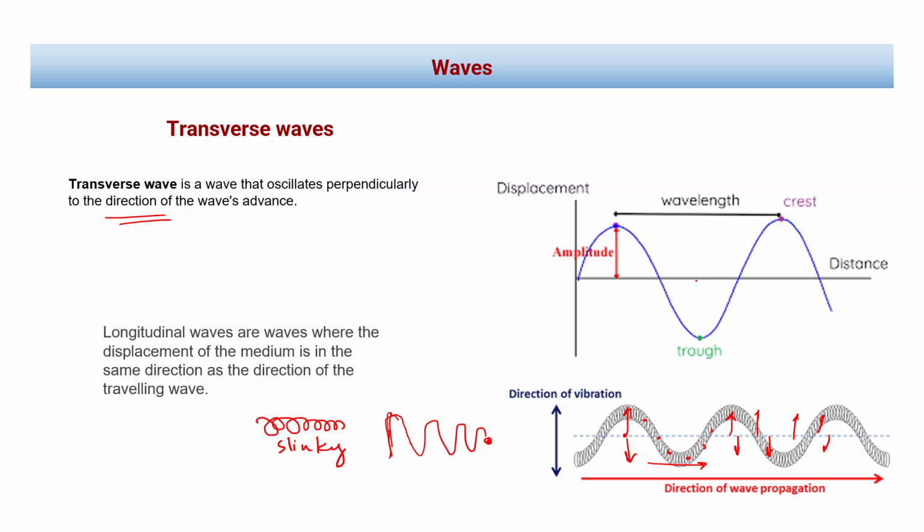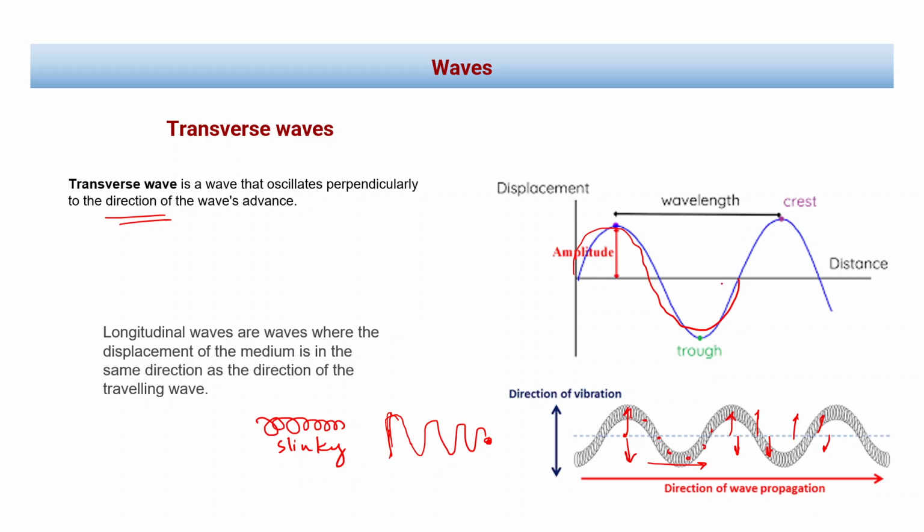This is called the crest, this is called the trough. You can see it's periodic: the displacement starts from 0, becomes maximum, becomes 0, goes to maximum on the other side, and after that it again becomes 0. So this is one cycle, and after that it starts repeating again.